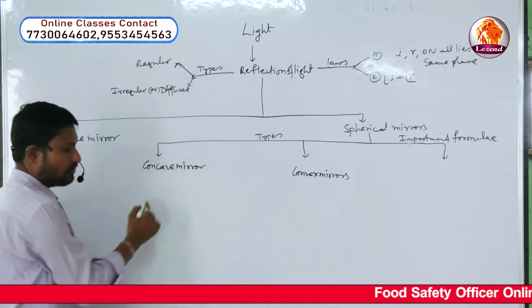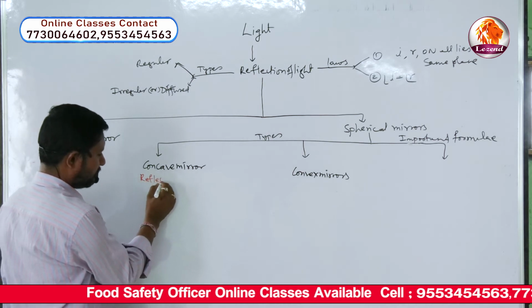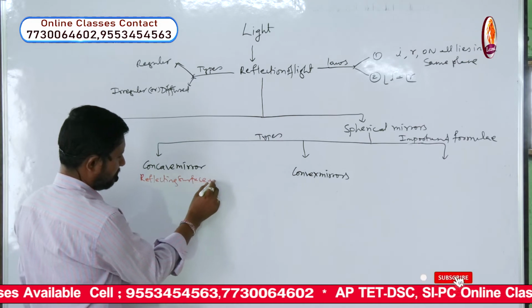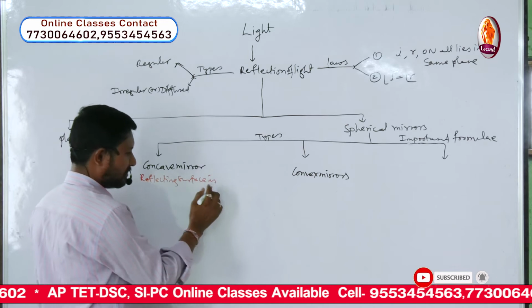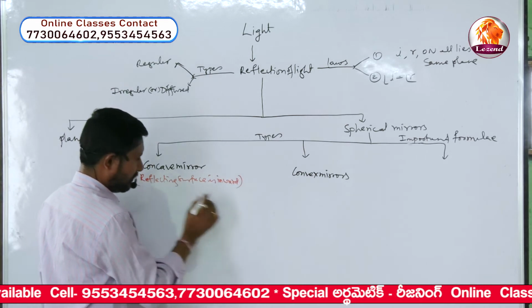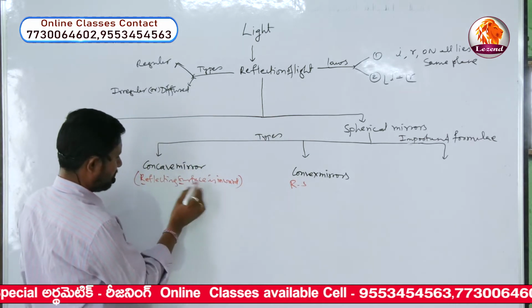So first, concave mirror, and you know what type of surface is reflecting. The reflecting surface is inward. Here I am using the shortcut RS for reflecting surface.